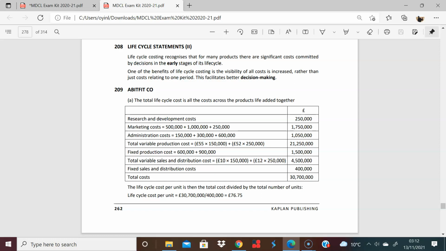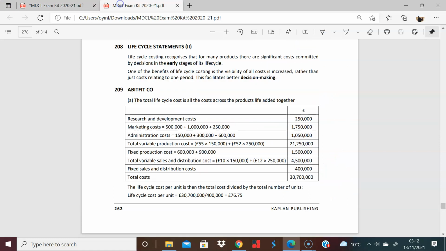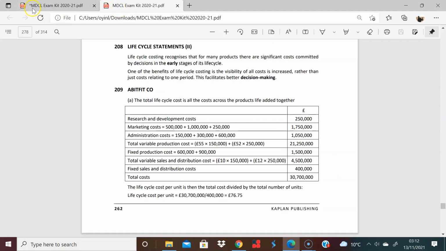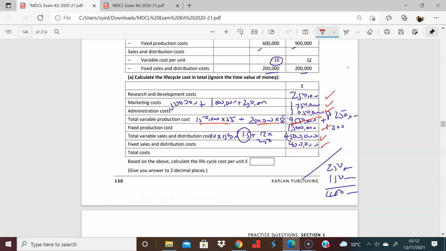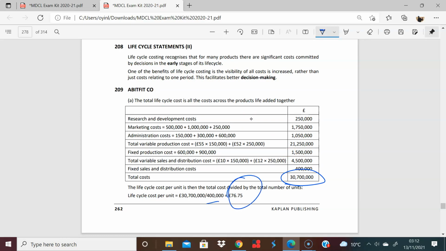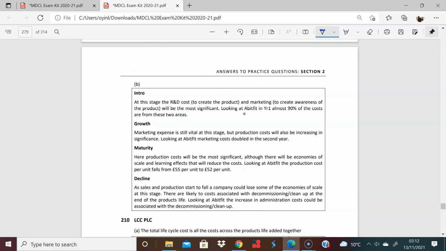So obviously my math is wrong there, but it's just math. The principle is the same. I've just misadded, but you can get rid of that. Fixed production costs of 1.5 there. Then you have 4.5 million there, and then you have 400,000. So you have a total of 30.7 million, and divide that by the 400, and you have 76.7.